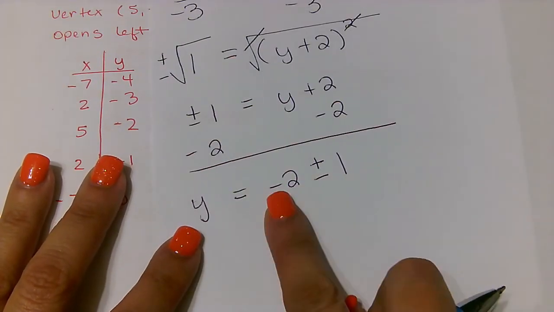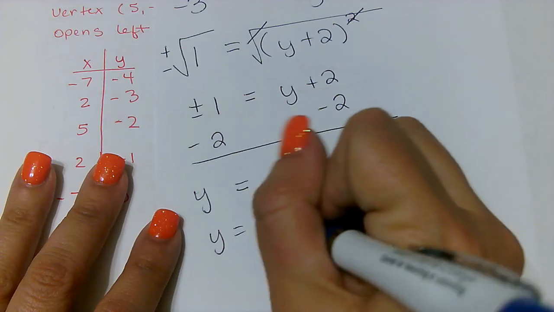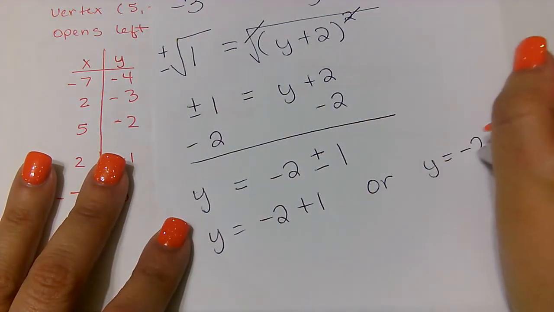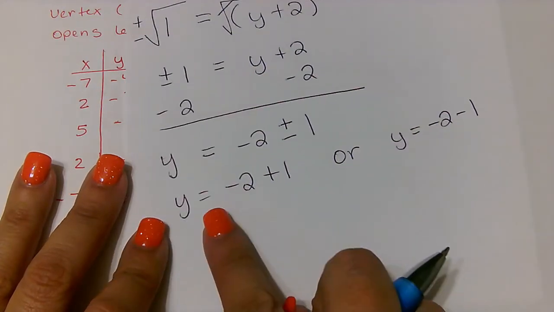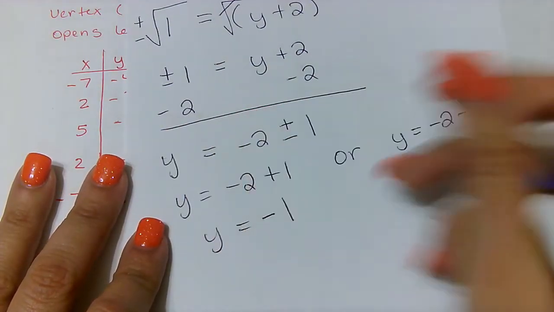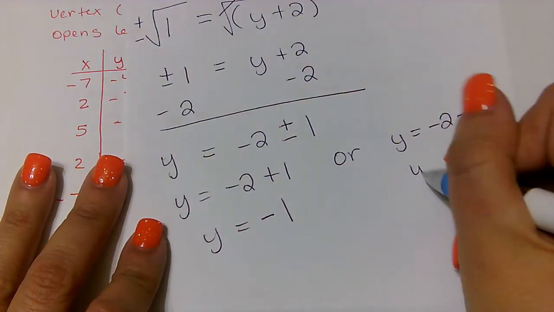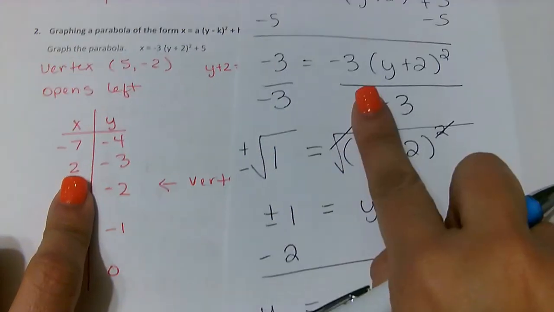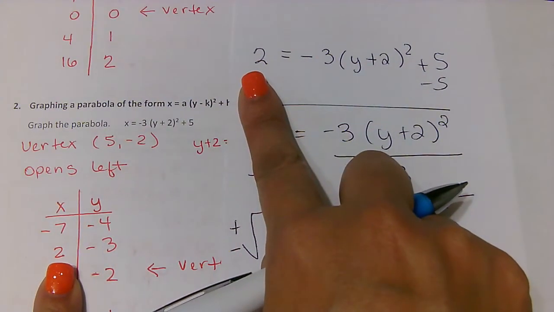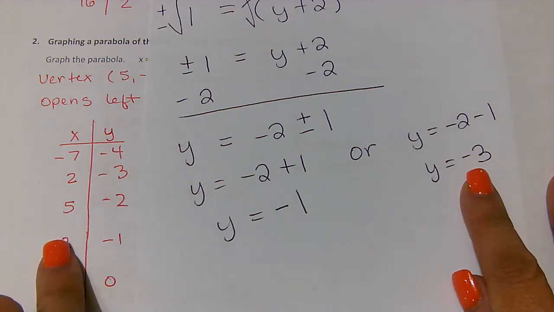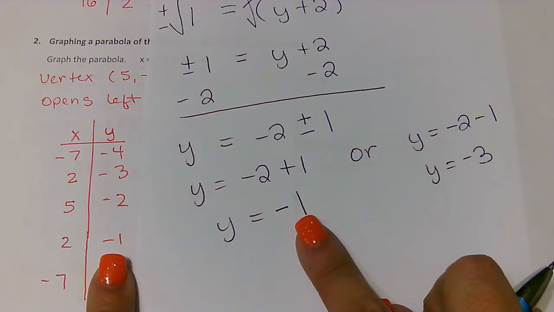I would break up this and have y is equal to -2 + 1, or y can equal -2 - 1. Over here, y would be equal to -1, or y could be equal to -3. If x is equal to 2, which is what I plugged in originally here, my y could be a -3 or my y could be a -1.